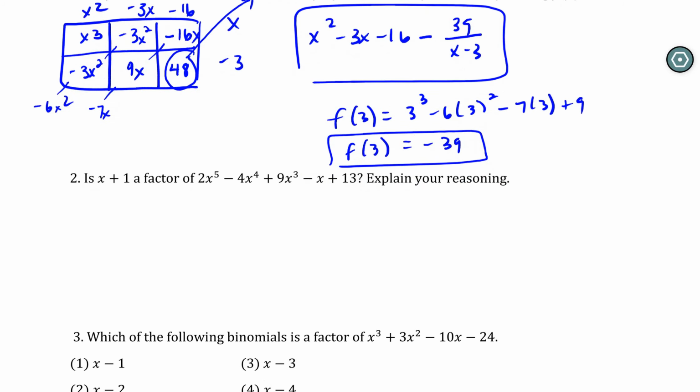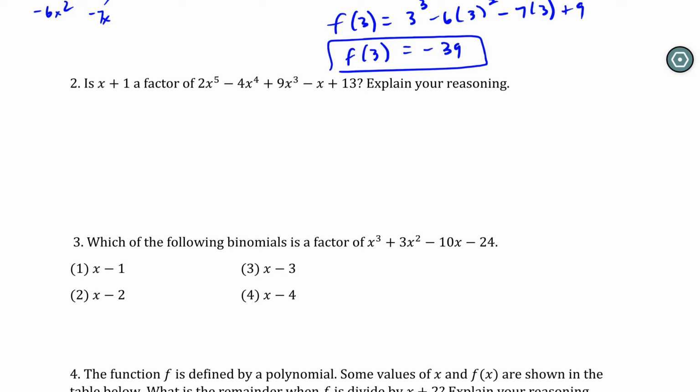Now let's look at 2. 2 gives us the remainder theorem again, and it says, is this a factor? Now, it's not going to say use the remainder theorem, but this is a remainder theorem question. So if I want to determine if this is a factor or not, I'm just going to plug in negative 1. So I'm going to say 2 times negative 1 to the 5th minus 4 times negative 1 to the 4th plus 9 times negative 1, etc. And if this comes out to be 0, then it's a factor.